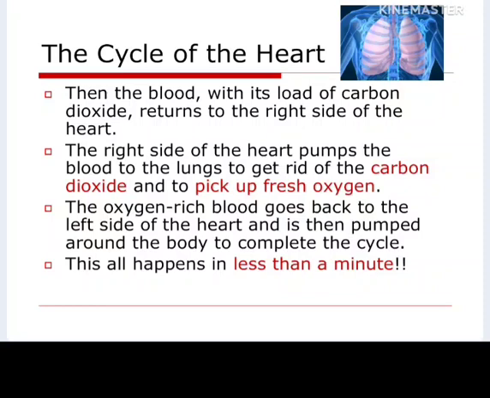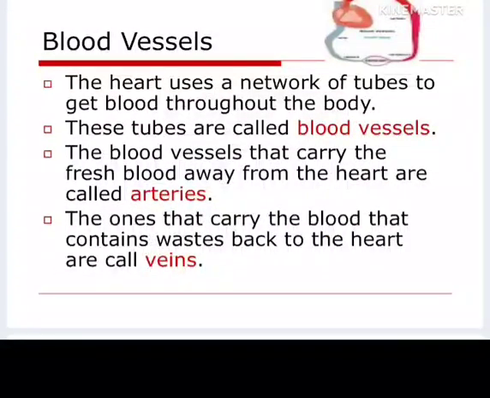Then the blood with its load of carbon dioxide returns to the right side of the heart, and the right side of the heart pumps the blood to the lungs to get oxygenated blood.